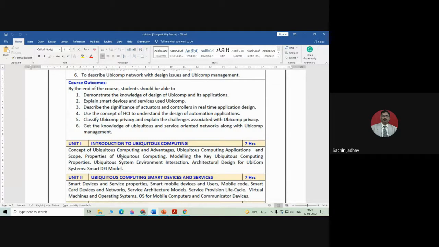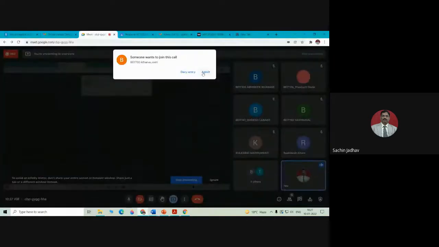And then we have modeling key computing applications, modeling key ubiquitous computing properties. Basically, 5 properties are there.